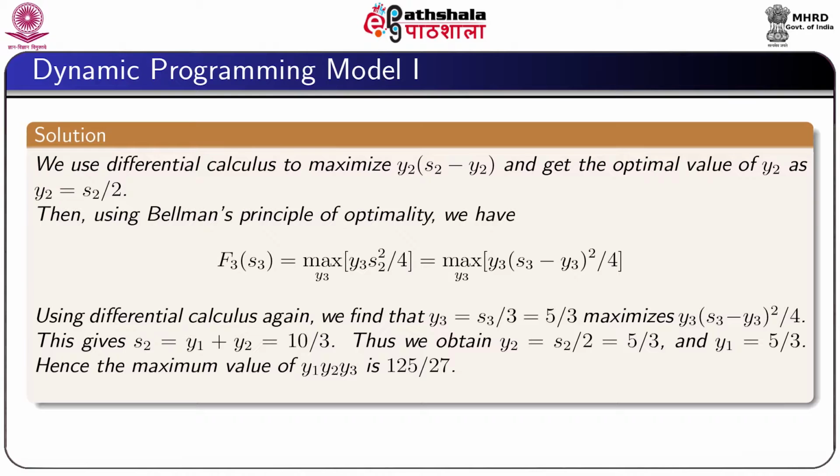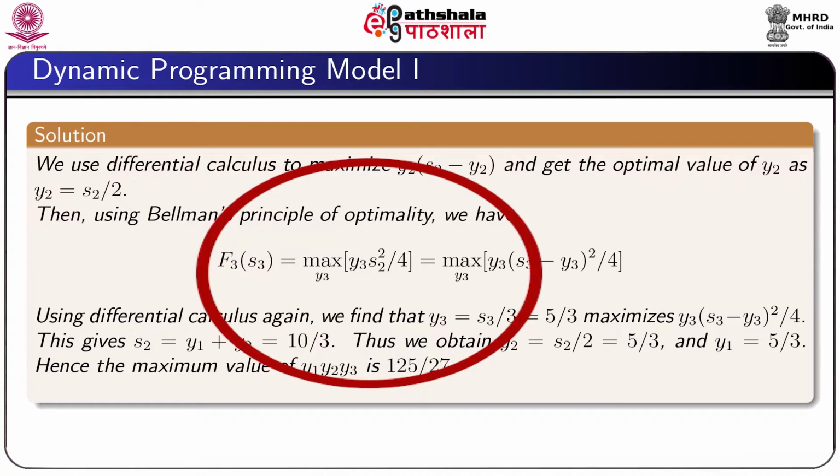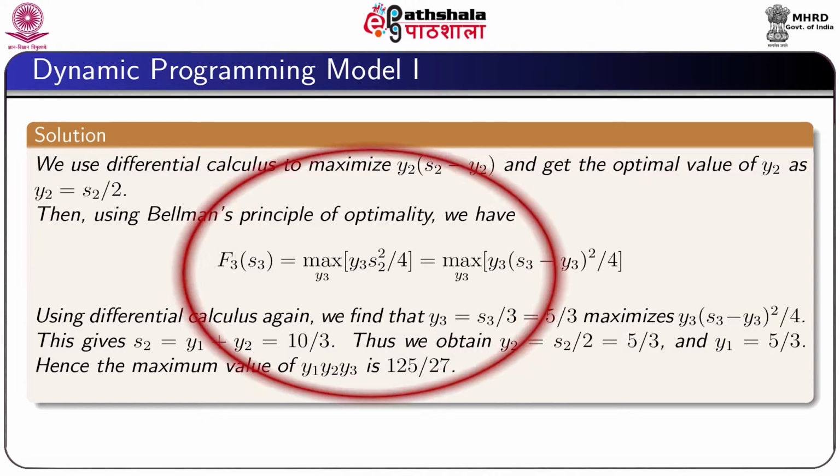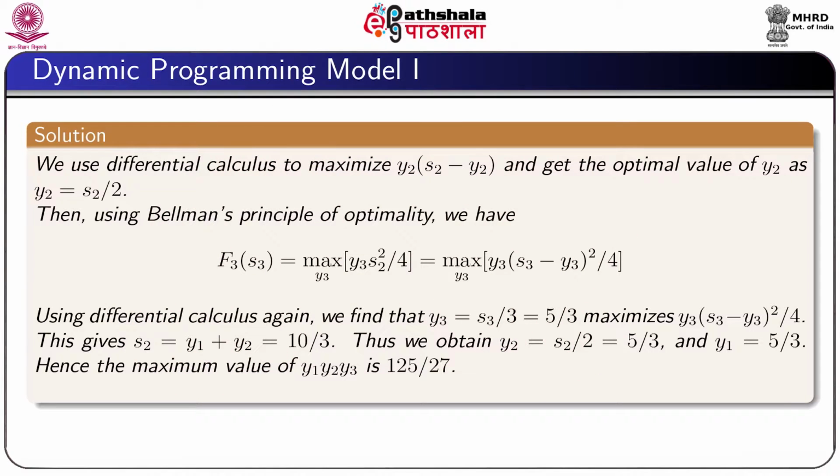Then by using Bellman's principle of optimality, we can write F3(s3) equal to maximum of y3 times s2 square by 4, which can be written as maximum of y3 times (s3 minus y3) whole square divided by 4. So, again we use differential calculus to find the value of y3, which maximizes y3 times (s3 minus y3) whole square divided by 4.